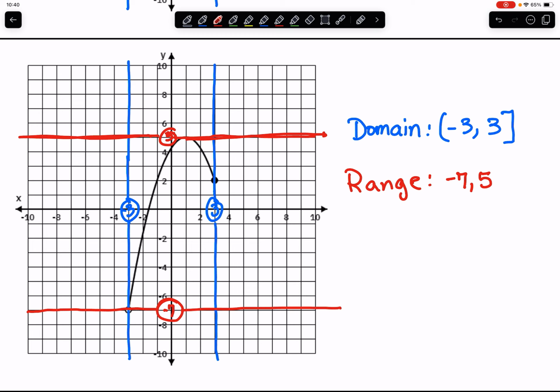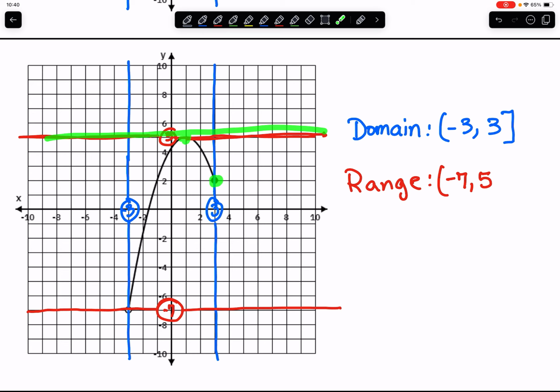Now let's determine again if we're going to have open or closed endpoints. At negative 7, the endpoint is obviously this one right here, which is open, so that's going to use a parenthesis. At positive 5, it's not this endpoint. We're looking again at this point up here.